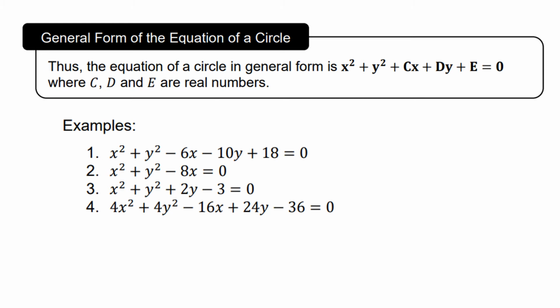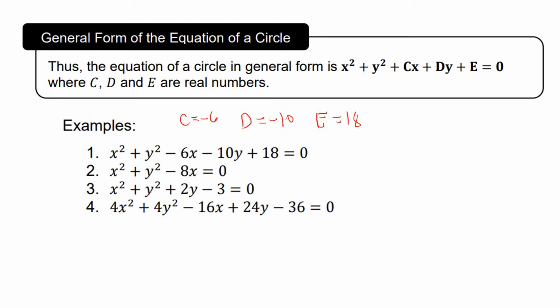So in this case, the value of c is actually -6. The value of d is -10, and the value of e is +18.